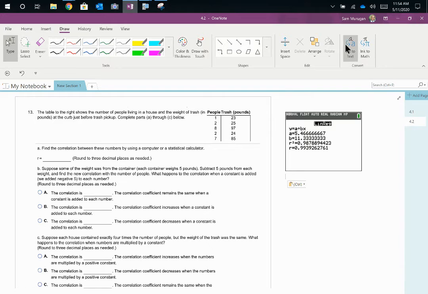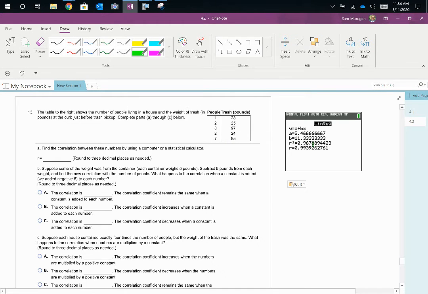Okay, and we're going to go ahead and talk about this just a little bit. Okay, so we can write the correlation coefficient is that number there.